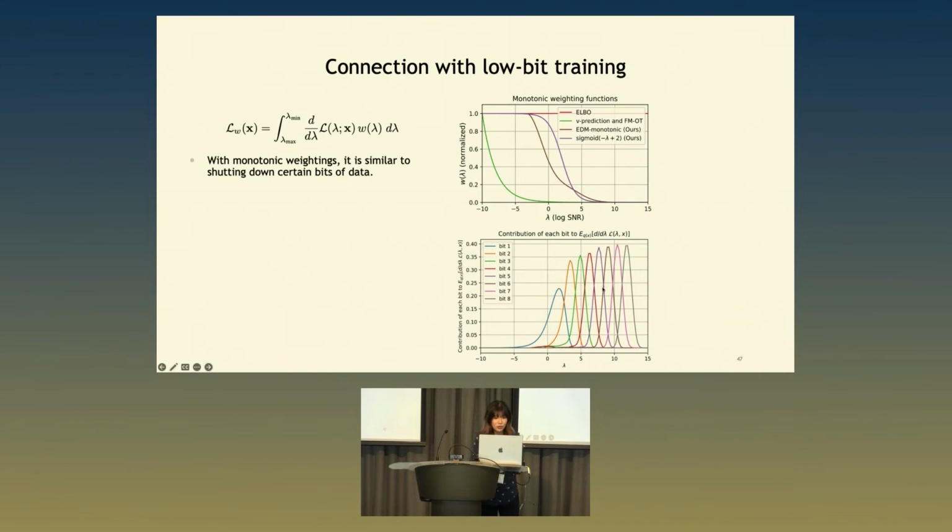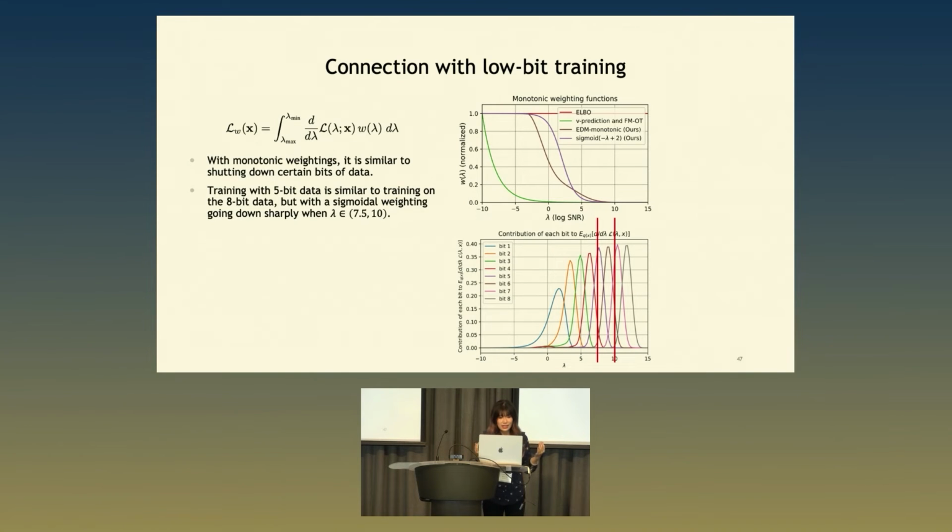So if we put those two figures together, we can see that if we use a monotonic weighting function, it essentially means that we are trying to shut down certain bits of the data. And actually, if we care about, say, training with 5-bit data, it's pretty similar to training on 8-bit data but designing a sigmoidal weighting function.